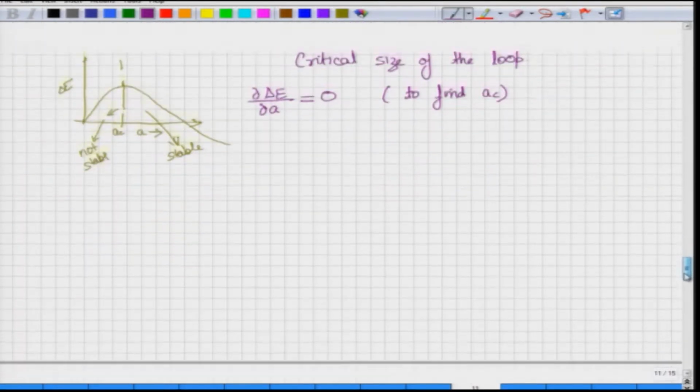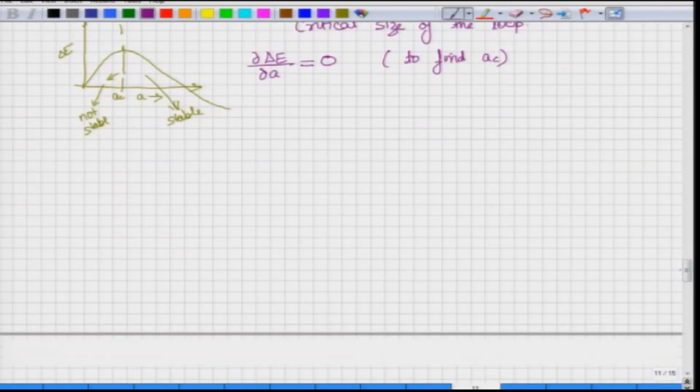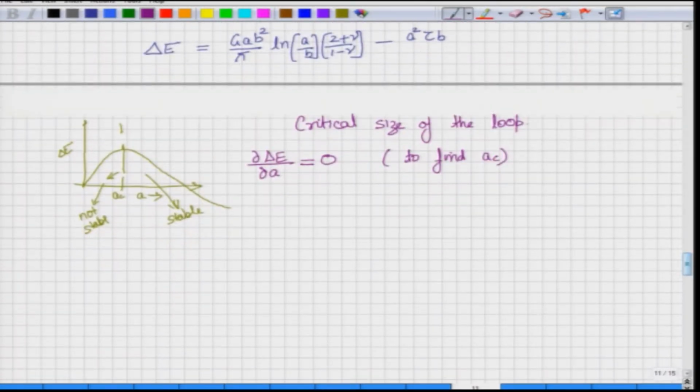So, let us do this to find out what the critical size will be. This is delta E and you have A over here, A over here. So, we differentiate it.